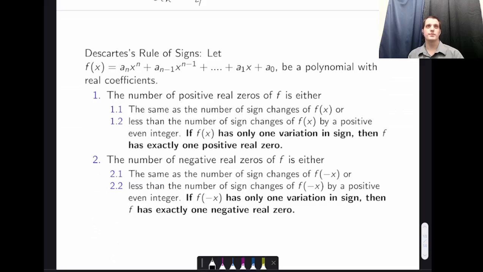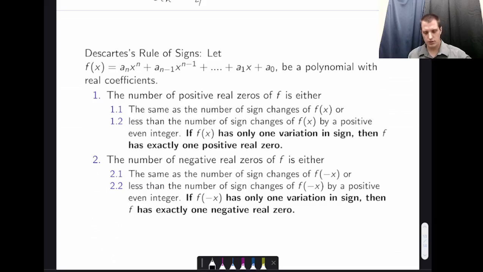We'll do an example. The number of real negative zeros of f is either the same as the number of sign changes of f of -x, so we have to actually plug in -x, or less than the number of sign changes of f of -x by a positive even integer. So once again, 2, 4, 6 less.